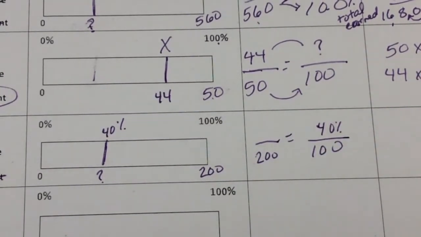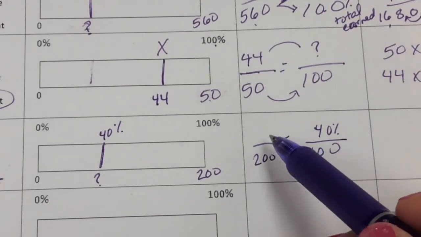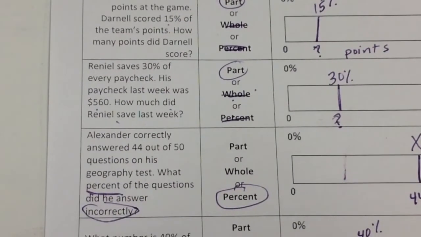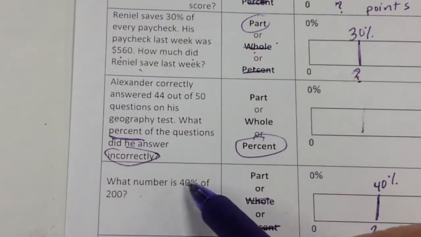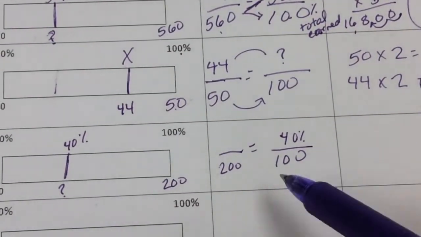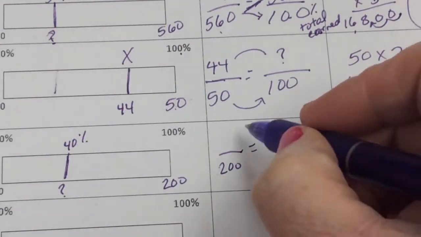Okay, 200 is the whole amount that represents 100% of the whole number. So these look a little bit weird. Sometimes you can use the phrase is over of equals percent over 100. What number is, so that means that's the top one, and then of is the 200. But that's not really what I focus on. I look at 200 is the whole amount. We want to know what part of it.